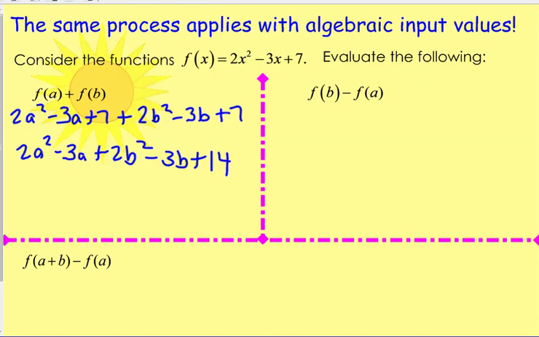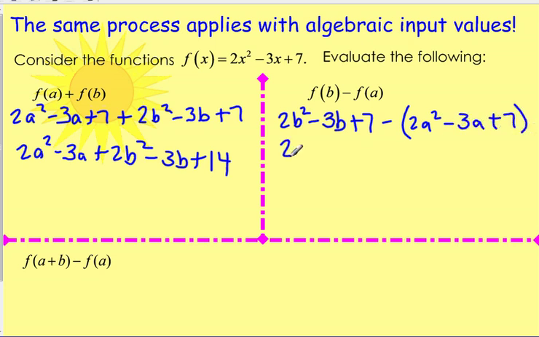All right. Now we've got f of b minus f of a. Be careful with negatives. That is the key. You have to remember to distribute the negative. So we're going to have 2b squared minus 3b plus 7 minus parentheses. Please don't forget the parentheses, so you remember to distribute. 2a squared minus 3a plus 7.